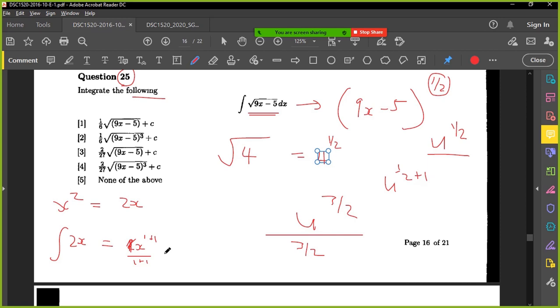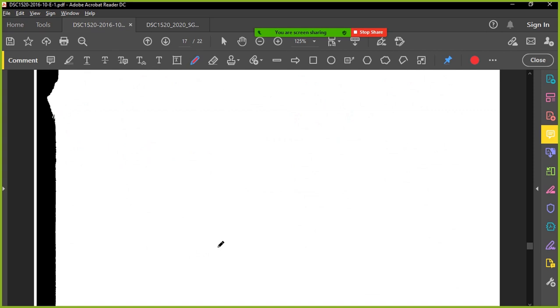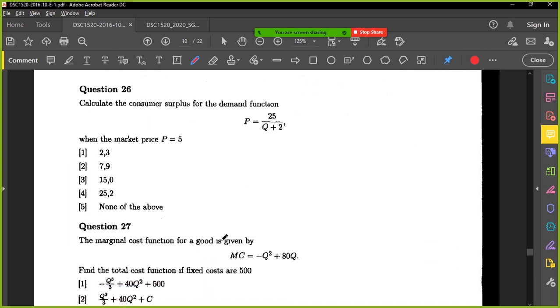So it'll be x squared over 2, and then times 2, so the 2s cancel, giving x squared. Okay. All right, focus here.